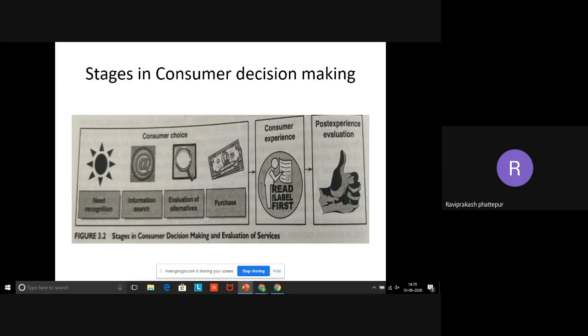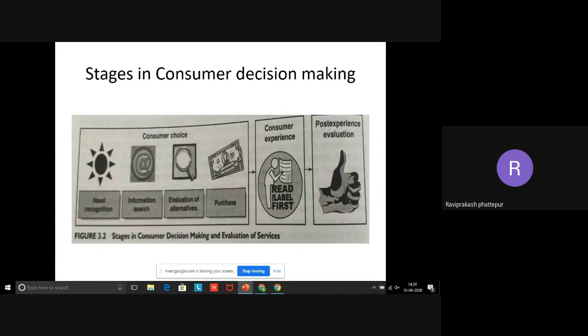So after experience, if somebody calls you back again, some of your friends or your relatives, saying, yeah, I want to buy a laptop now, what are you going to do? You are going to give a post experience evaluation. So whether the buy you have done is good, bad, how is the service, how the keyboard is, what is the weight of that particular laptop, whether the screen is good or not.